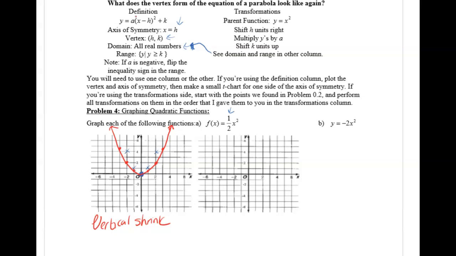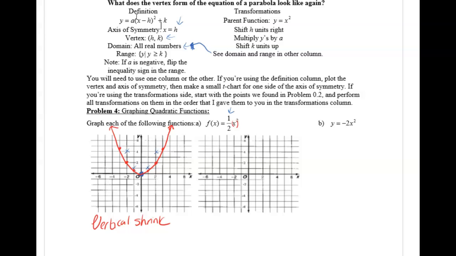Anything, quote unquote, outside your function is going to affect your y values. Inside would be inside with the x. So if I saw anything inside the parentheses, for example, on my original vertex form, that would affect your x values. Anything not in the parentheses, quote unquote, the outside, aka a and k, are going to affect your y values.